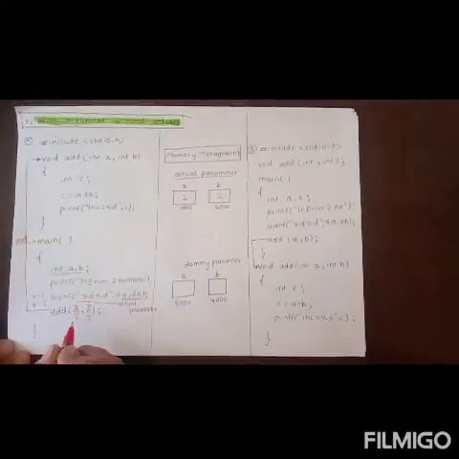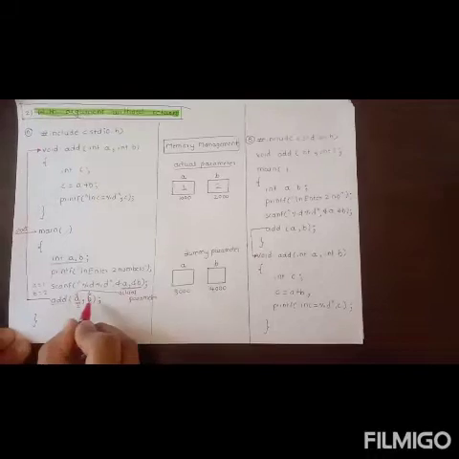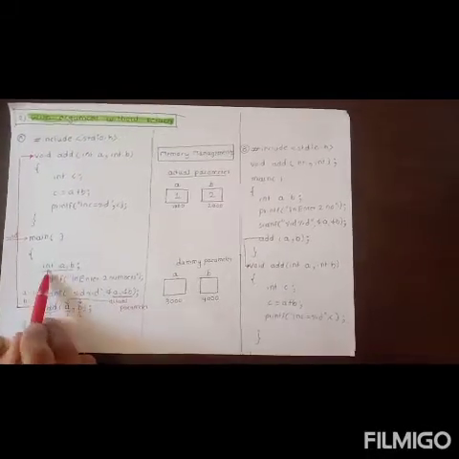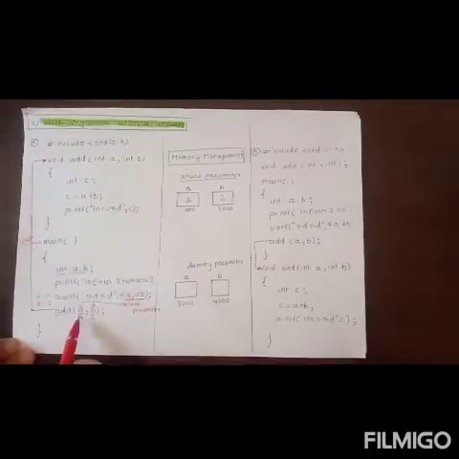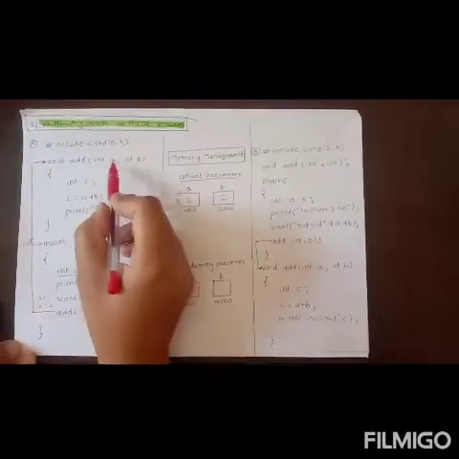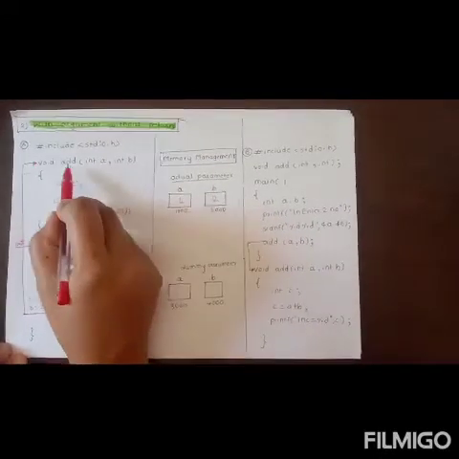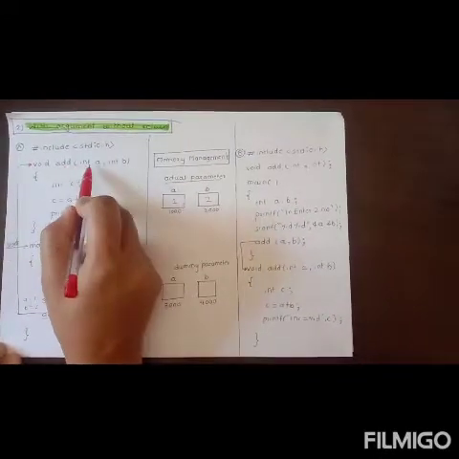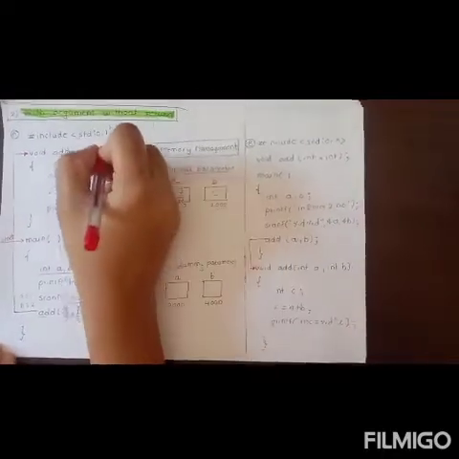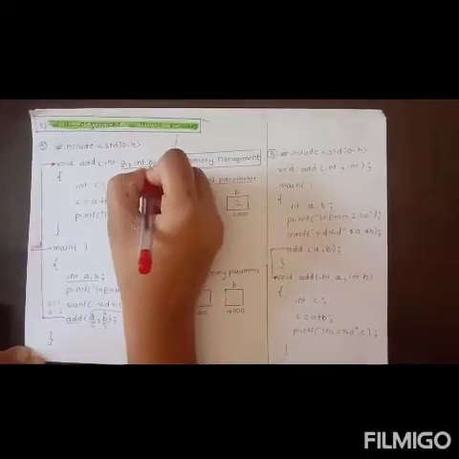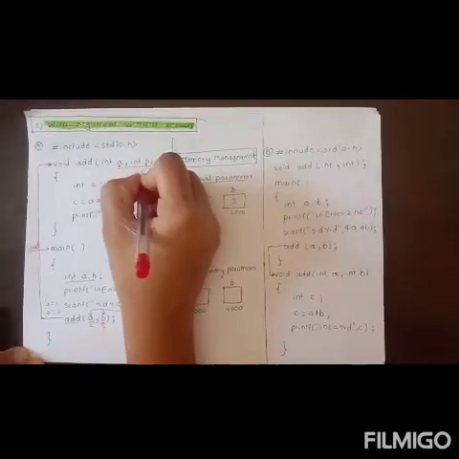Here if you observe, we send two values 1 and 2, of integer data type. Now to receive that, we require two extra variables with the function, which are called dummy parameters. So this a and b are the dummy parameters.